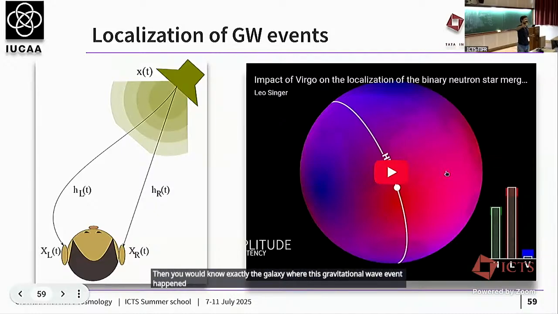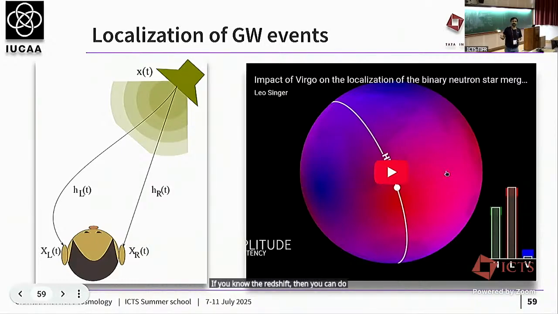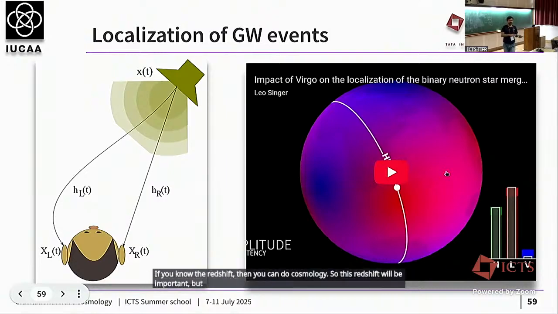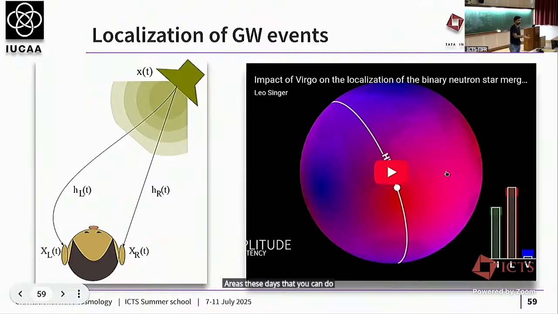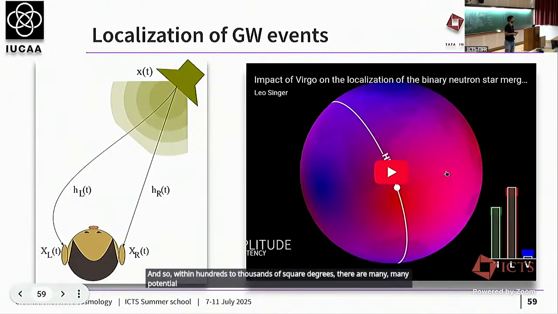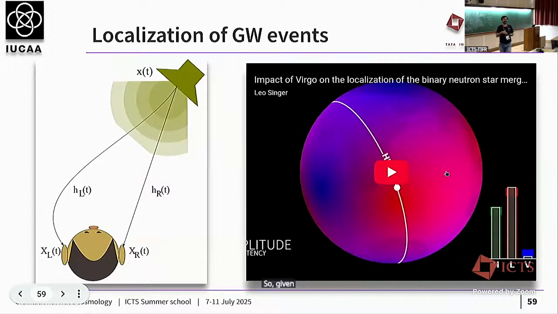If you know the galaxy, then you can get the redshift. If you know the redshift, then you can do cosmology. The reason why it is difficult is because the localization areas you can get these days with the current generation of detectors are still quite large, hundreds to thousands of square degrees. Within that, there are many, many potential galaxies. So how to get the cosmology out, that will be the next few lectures.